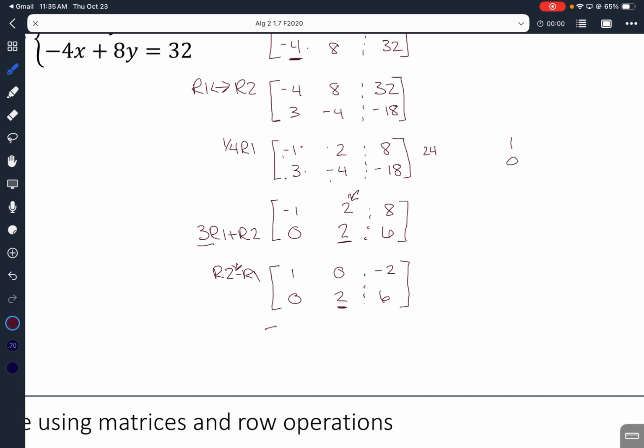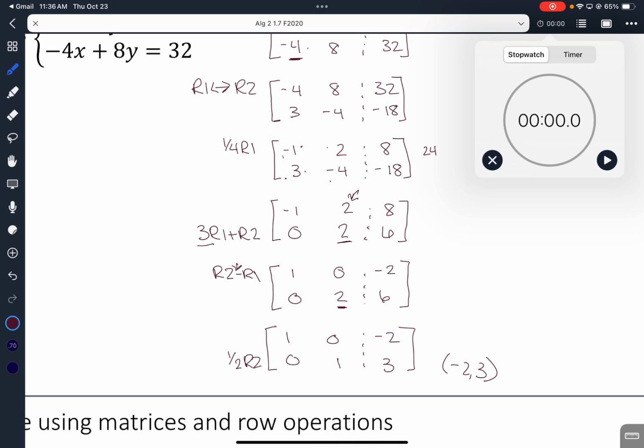A 1. So 1/2 R2. So, and negative 2, 3. So I have, let me stop my screen recording.